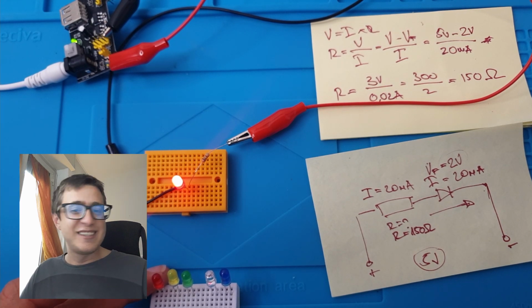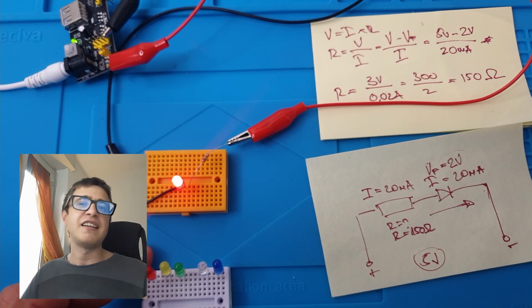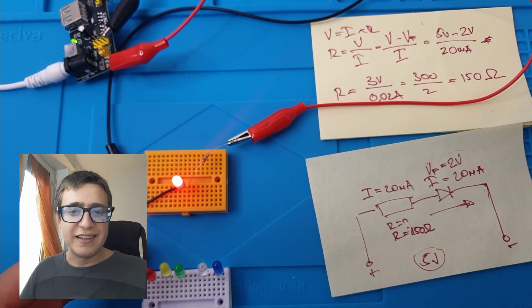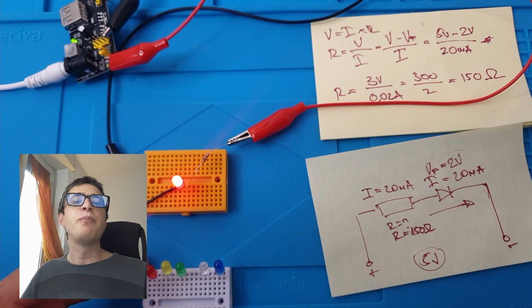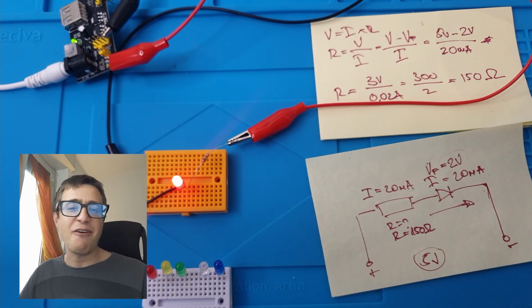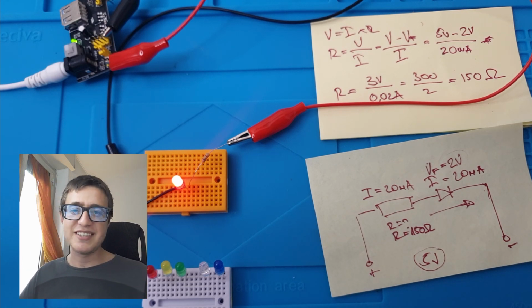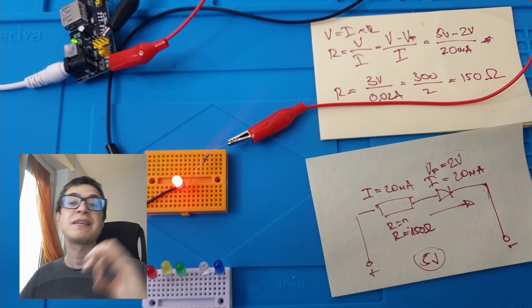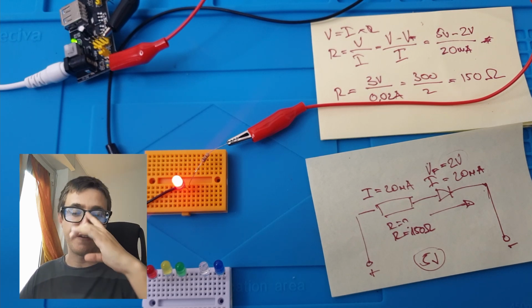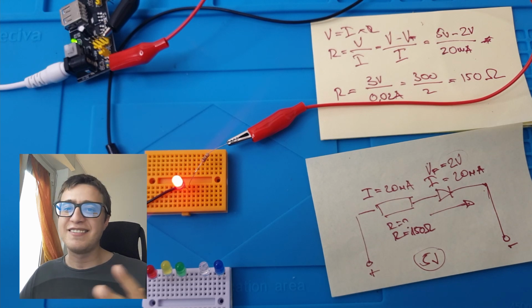The LED lights these days are quite flexible, so if you don't have 150 ohms for the red light, and you put 4 resistors in series of 40, which will make 160, it will work the same. It doesn't have to be precisely 150. It is better to be, but it is not that important.